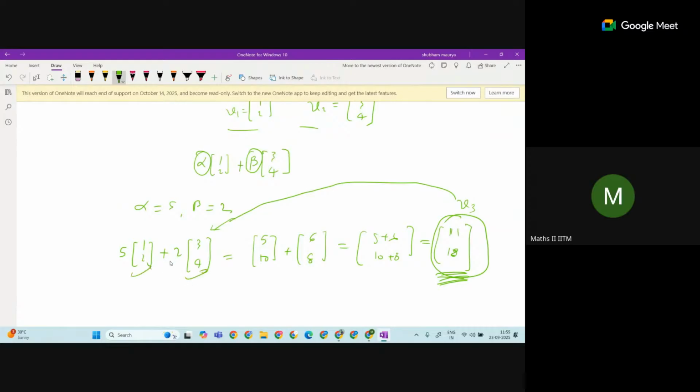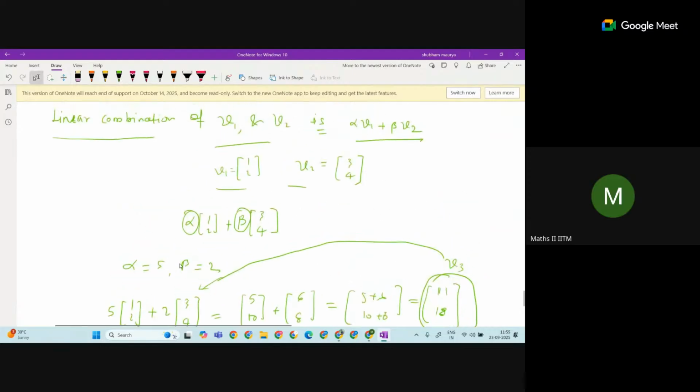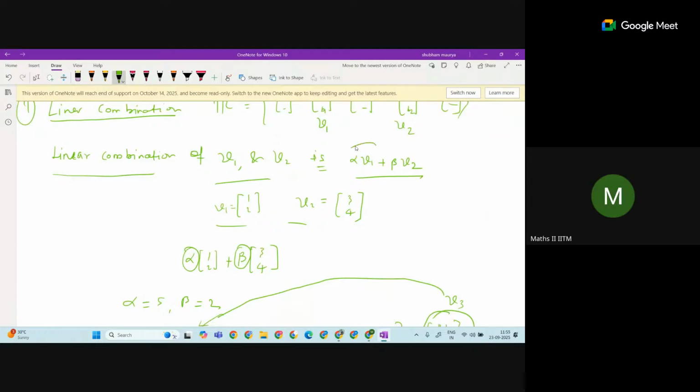This way I can generate any linear combination.